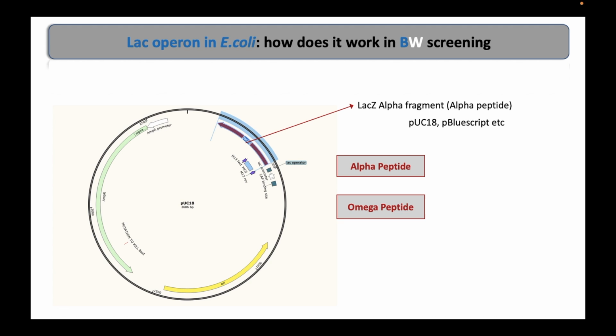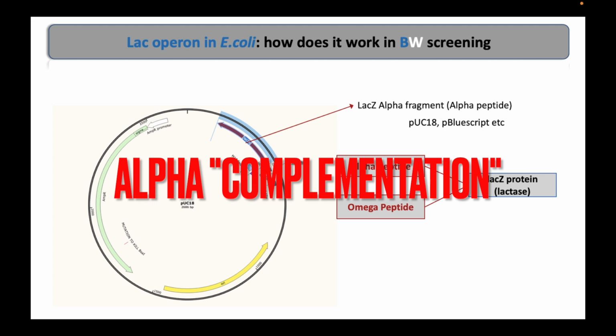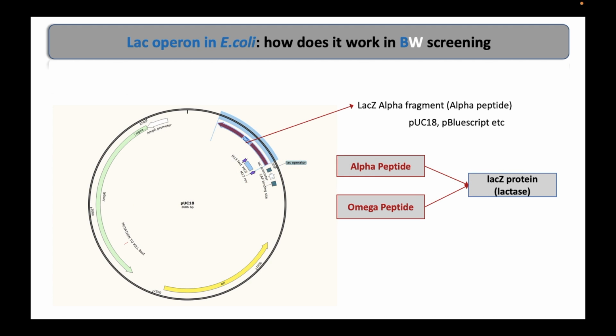The alpha peptide together with the omega peptide form the so-called alpha complementation in blue-white screening. They both combine and form a fully functional LacZ protein, or lactase, which does hydrolyze both lactose and XGAL.